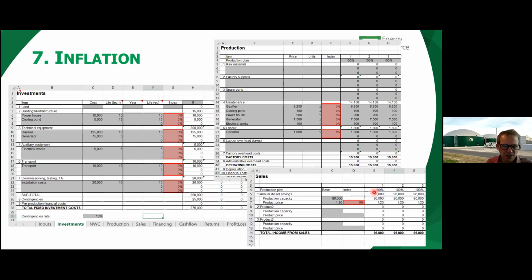And in such cases, you may have to look at what price levels have done in the country of origin of these goods, and what the exchange rate between the Mozambican currency and the currency in the country of origin has done over the last years. And in that sense, you can arrive at a more reliable inflation rate.